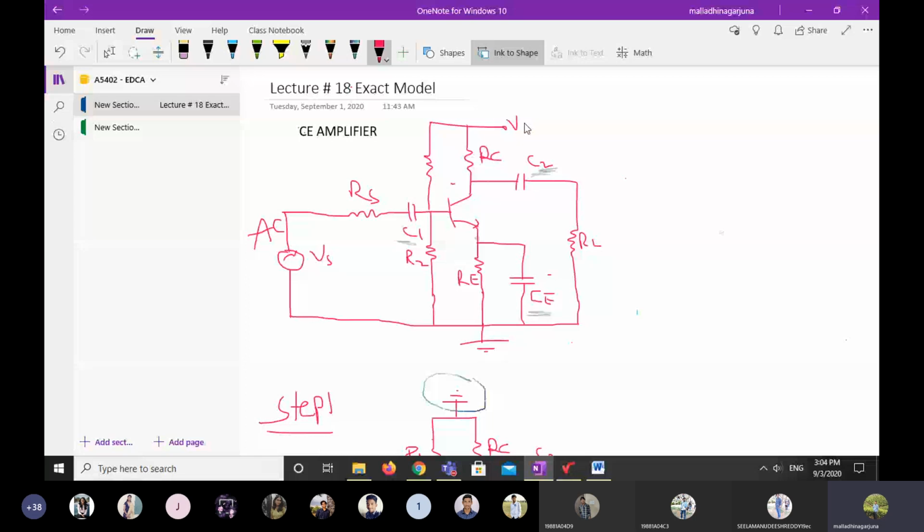Taking this as VCC here. This is 40K. So we need not consider the 10K. It is there for representation, but if you do the AC analysis, that 10K will not come into the picture.